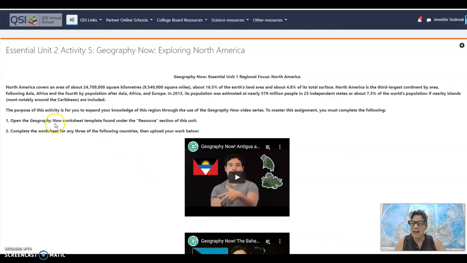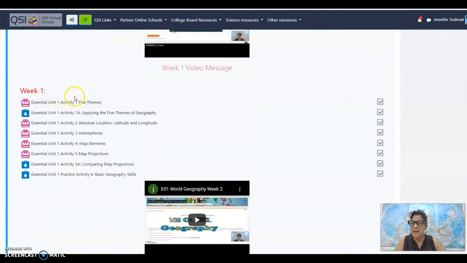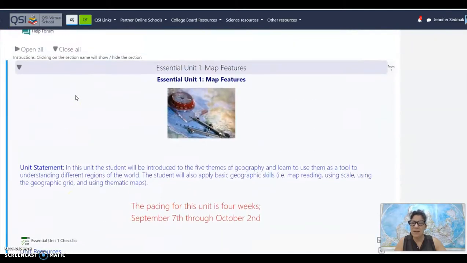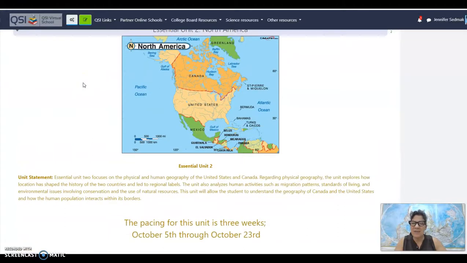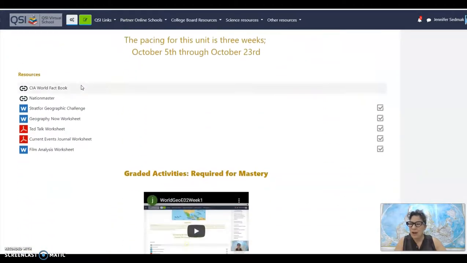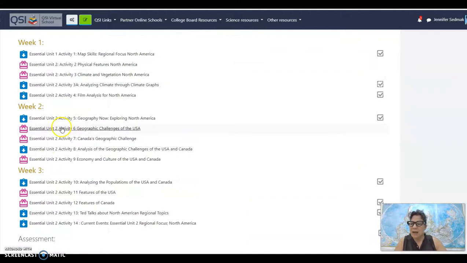There's a Geography Now worksheet found under the resource section of the unit. Let me take you back there and show you where that is really quickly. Back up here to the beginning of the Essential Unit 2 page, here's a bunch of resources. You're going to open this worksheet called Geography Now worksheet. Then taking you back to the activity.